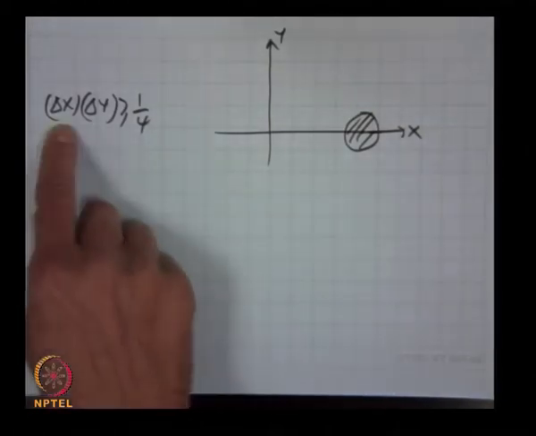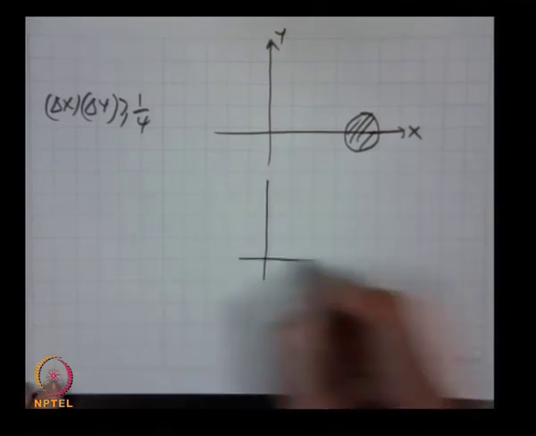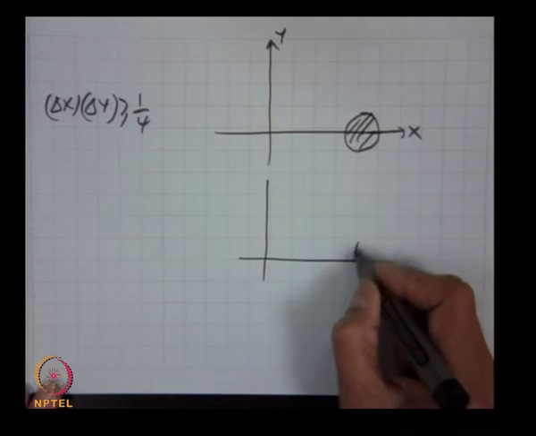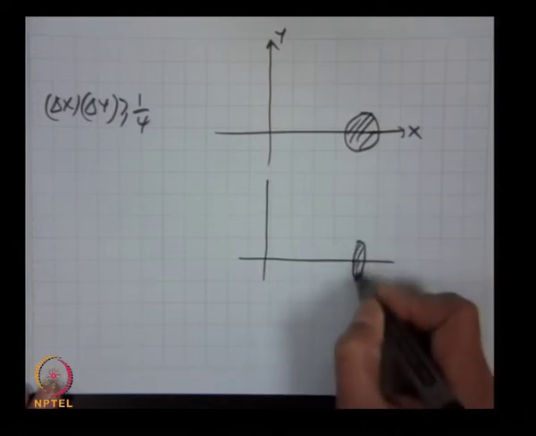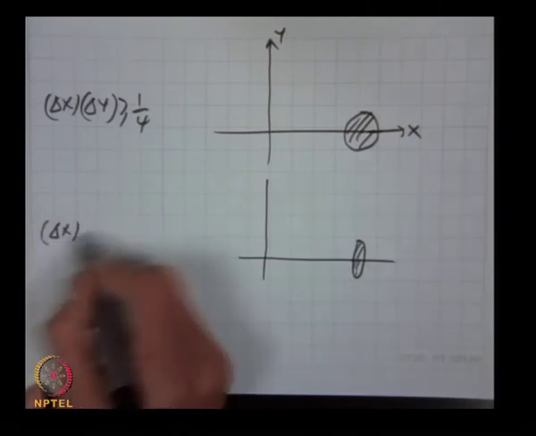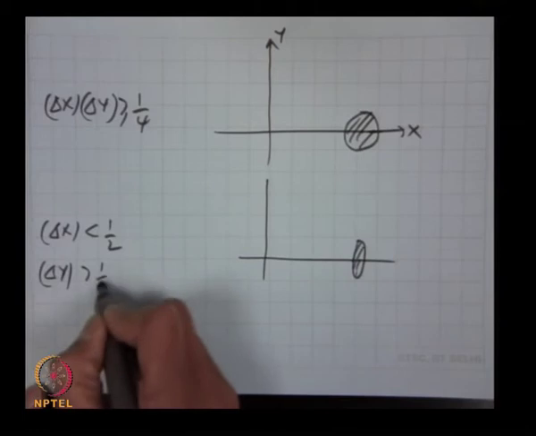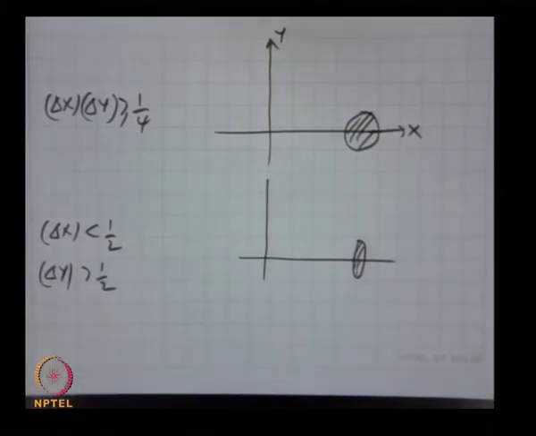So x is one quadrature, y the other quadrature. Now, in squeezed states, which we discussed, we showed that it is possible to have a state like this, where delta x is less than half and delta y is more than half. So this product is still equal to 1 by 4. Minimum uncertainty squeezed state. Of course, I could have a product which is always more than 1 by 4, there is no problem.